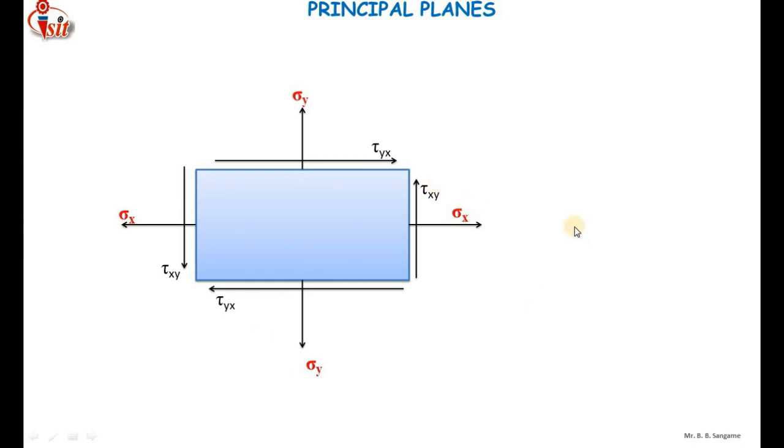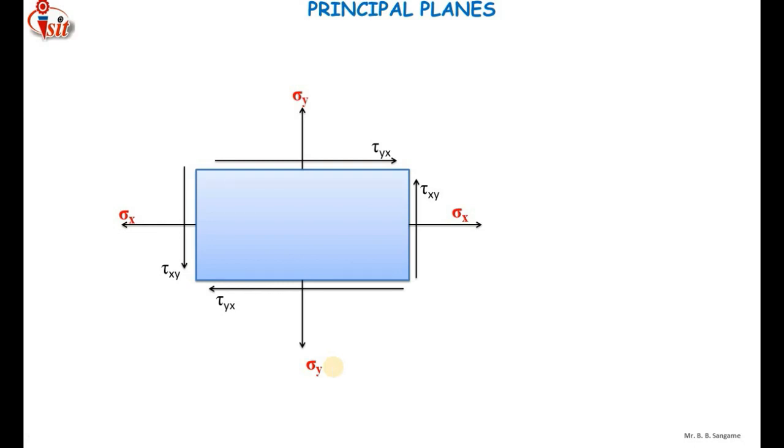Similarly, if you take the topmost and bottommost horizontal planes of this element, on the top side there is a stress acting normally, perpendicular, but there is also a shear stress. There is also shear stress at the bottom plane. So these two planes also cannot be called principal planes, because there is shear stress on them. So sigma y also cannot be called a principal stress.